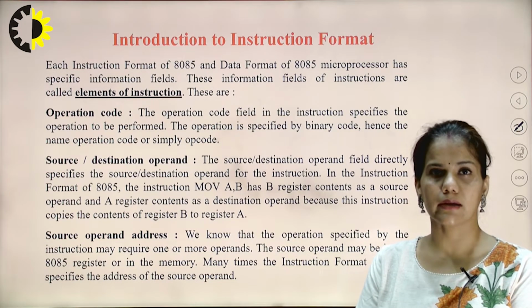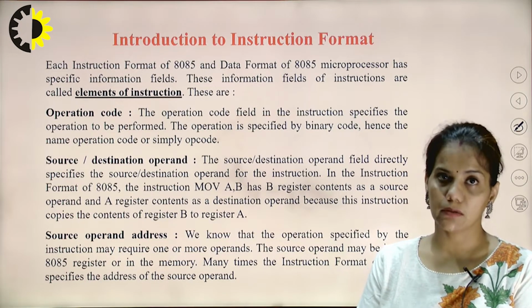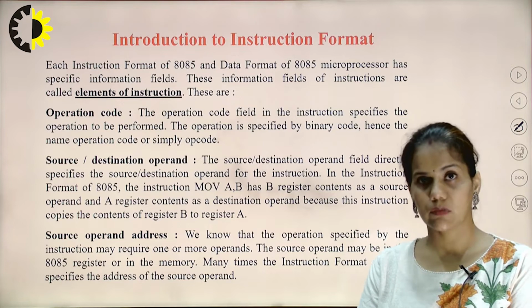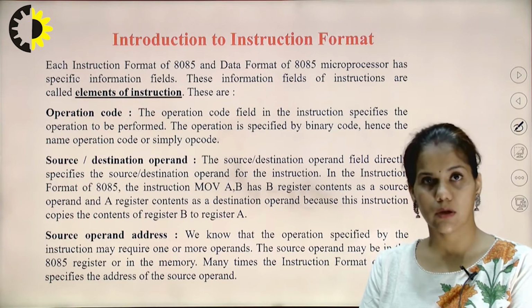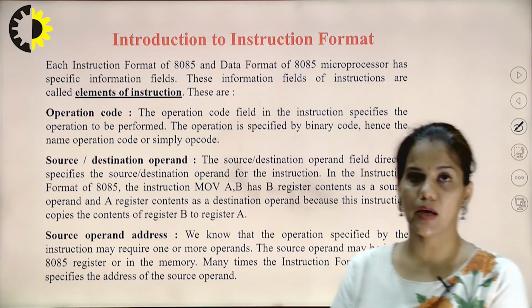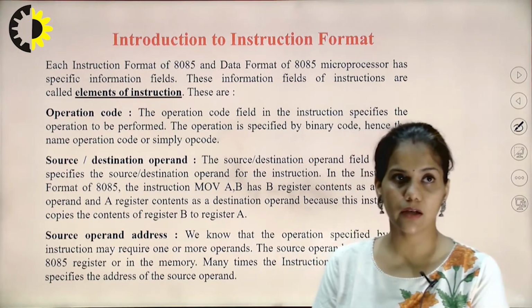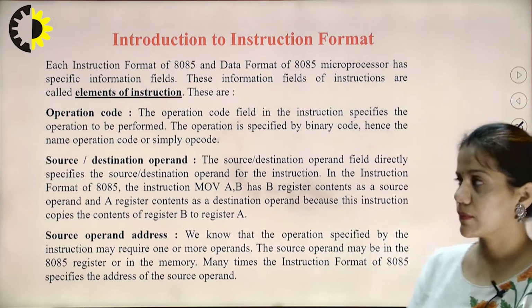So what is that? That is the format. Some instructions cover only 1 byte, some other cover 2 bytes, and some other cover 3 bytes. So there are basically three types of instruction formats in 8085: 1 byte, 2 byte and 3 byte.